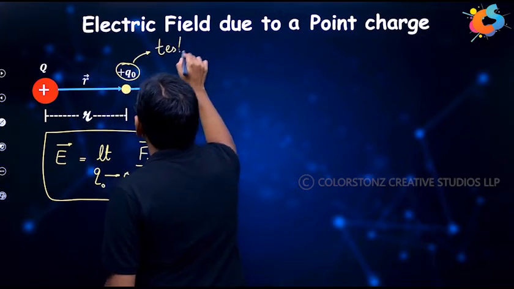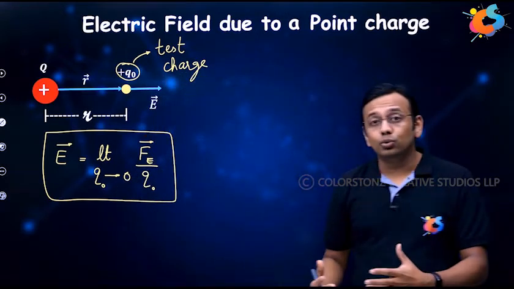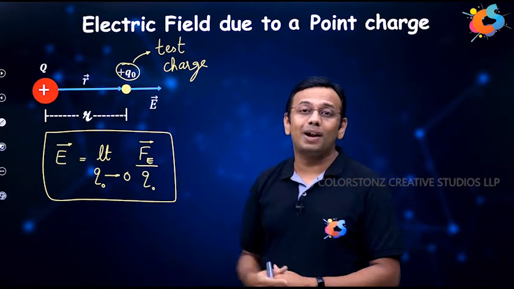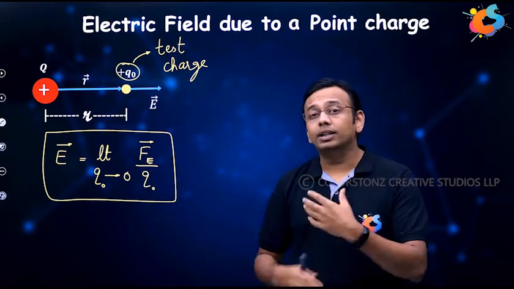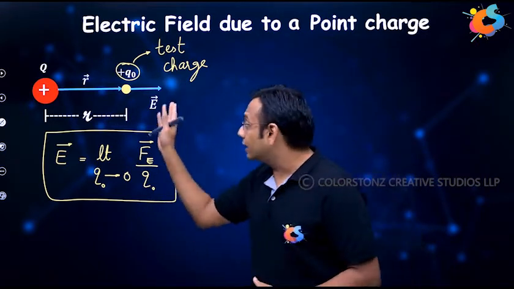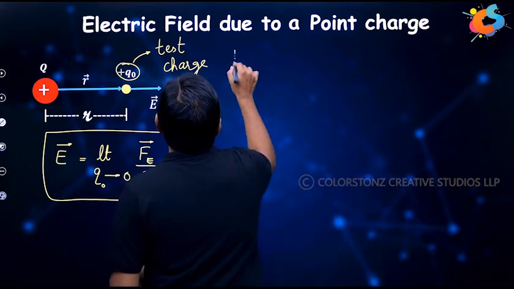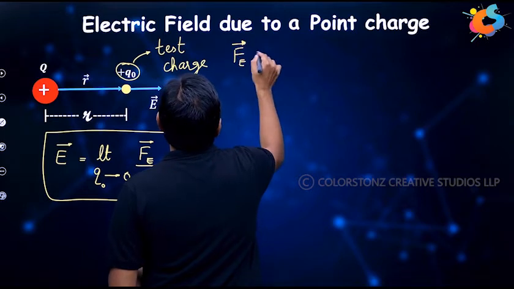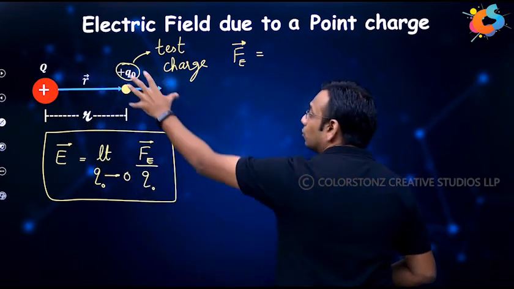This is the definition which we want to use to arrive at the strength of electric field produced by this point charge. So let us apply this. We already know what the electrostatic force will be acting on this test charge, right? We can apply Coulomb's law to find that force. So I can write that the electrostatic force is going to be K Q1 Q2, where Q1 is this capital Q and Q2 is this Q naught.